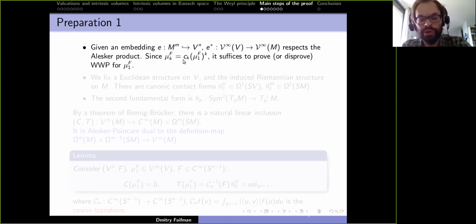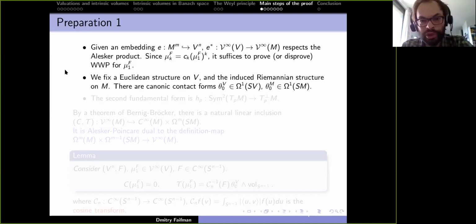Because of multiplicativity, because restrictions respect the Lefschetz product, it's enough to talk about the first intrinsic volume. If its restrictions are intrinsic, then their powers are intrinsic, and if they're not, well, that's bad. Okay, so we only talk about mu_1 from now on.